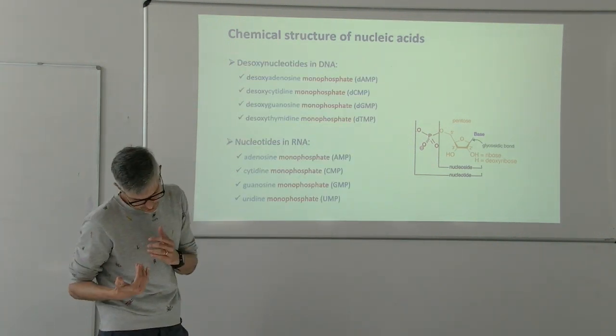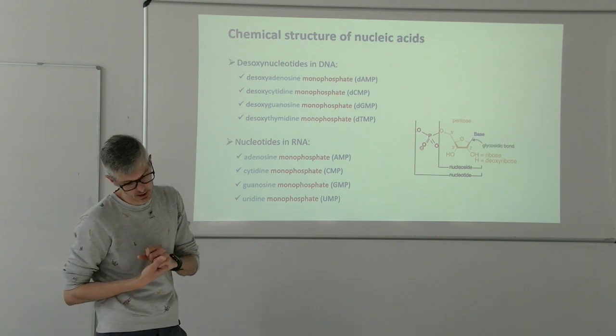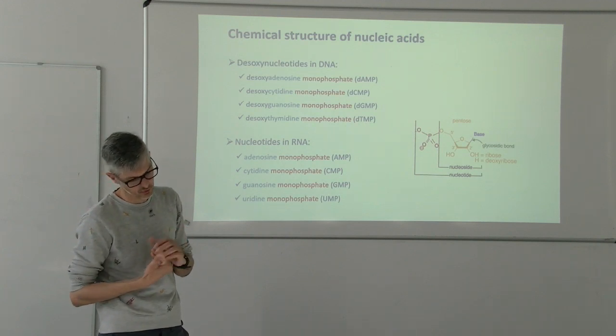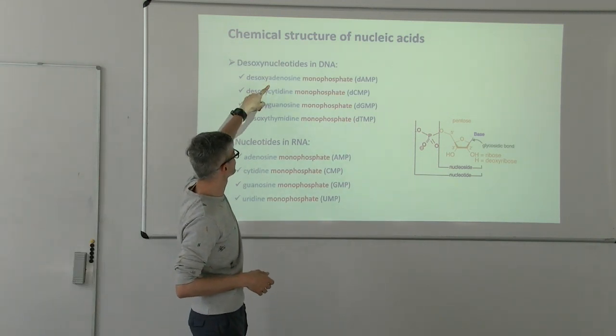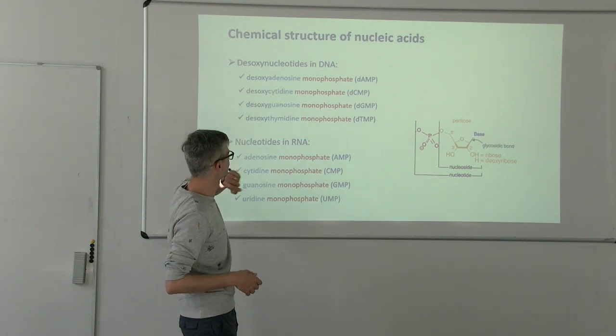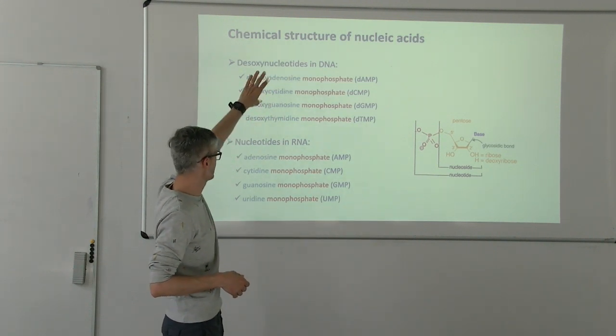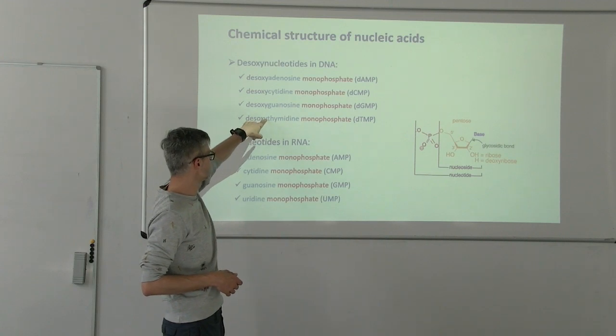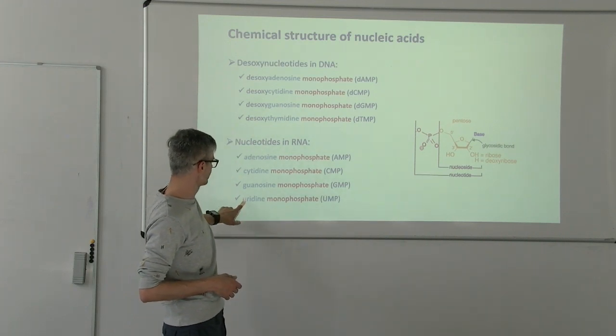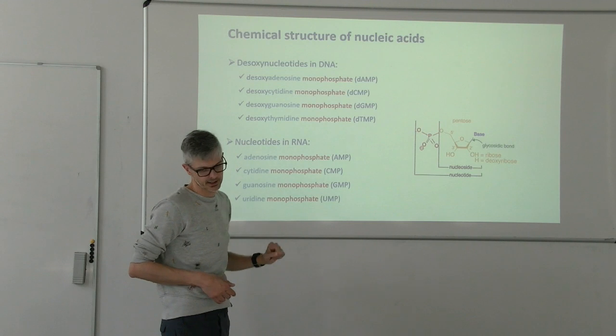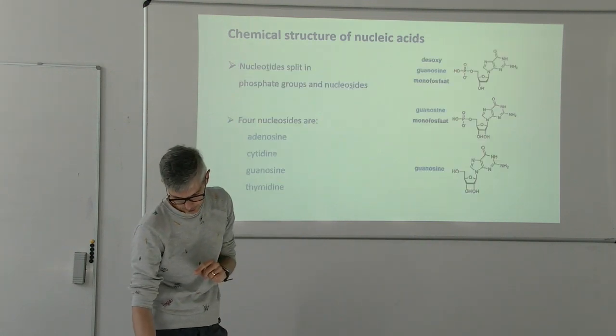And then you can have different kinds of bases attached to that, and this will of course determine if it is adenosine, cytidine, guanosine, or thymidine. So this is for the DNA, and then of course you know that the T is replaced by the U, so the uridine, in the RNA molecules.